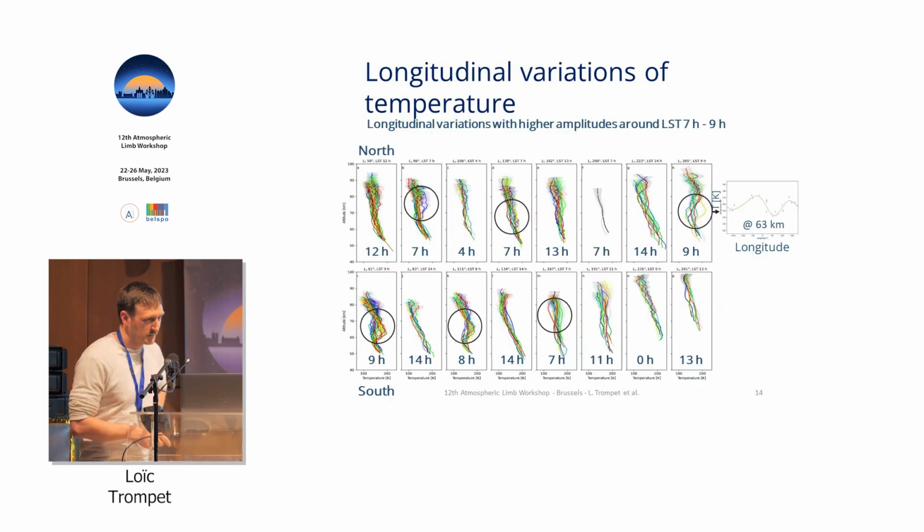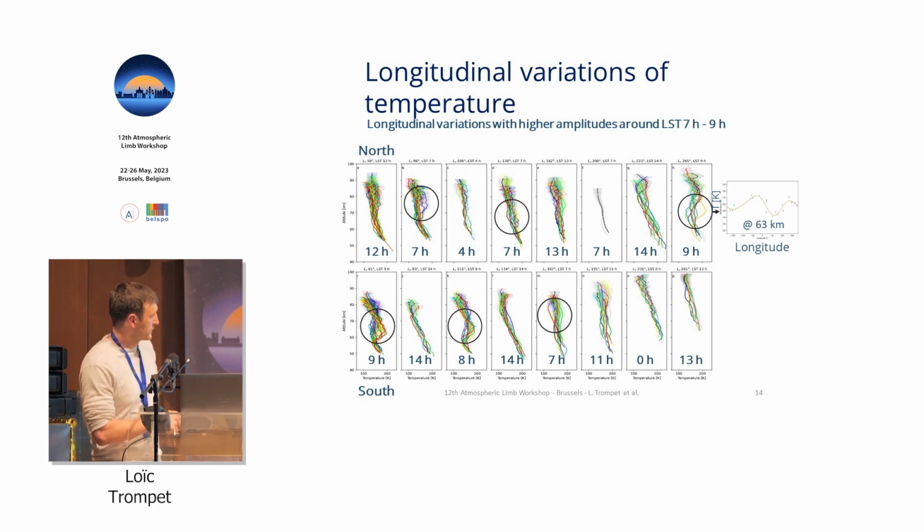So I was having a look at the possible non-migrating thermal tides. Here you have some sets of profiles that are very close in solar longitude, very close in local time and in latitude. And you see more variability when we have local times between 7 and 9 o'clock.